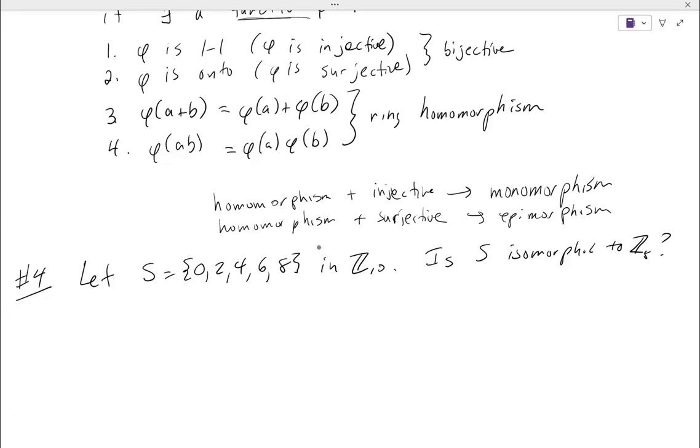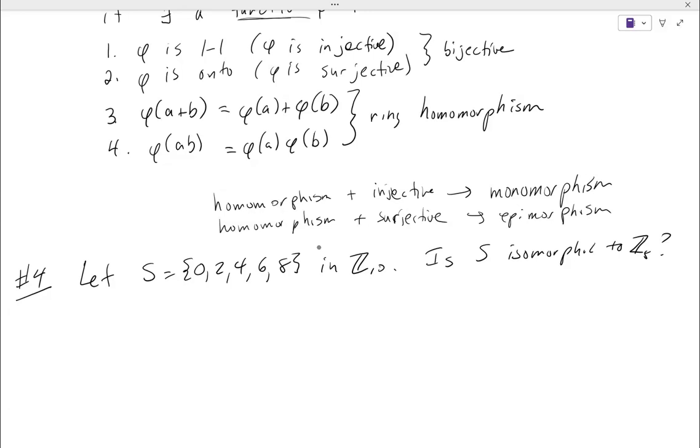What I mean by that is, no matter where I identify 1 to go over here, 1 plus 1 is 2. It's the answer to wherever I put 2. But over here, it would be 0, wherever I put 0. And 0 would have to go to 0. We'll prove that here in a little bit.